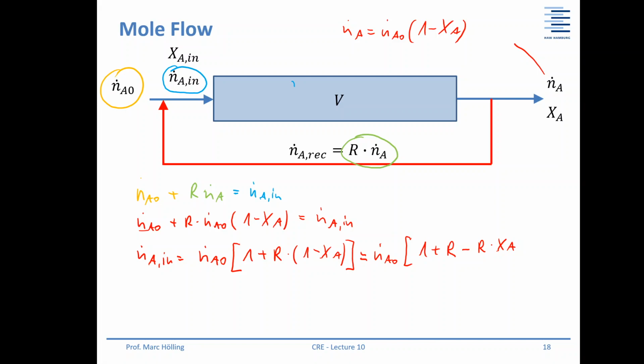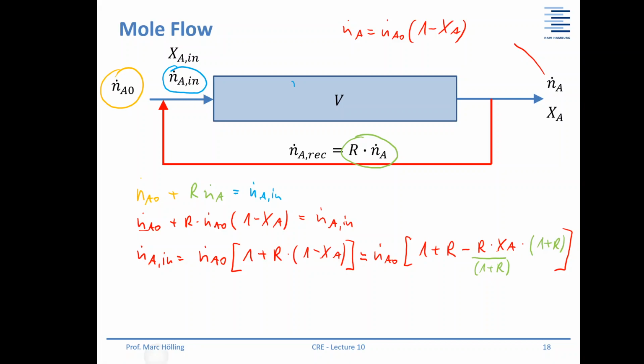Okay, and now I want to add here a term with R plus 1, or maybe 1 plus R. So if I want to add it here, then I multiply by 1 plus R, and then I divide it here also by 1 plus R. So basically nothing changed. I added 1 plus R here and here, it cancels out, so everything's fine.